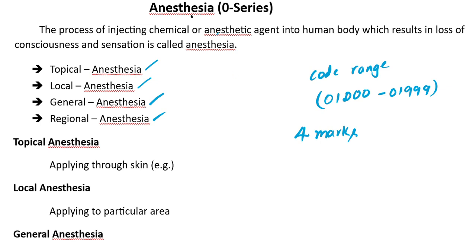And what is local anesthesia? Local anesthesia is applying to a particular area. Local anesthesia refers to using a drug called an anesthetic to temporarily numb a small area of your body. Your doctor might use a local anesthetic before doing a minor procedure such as a skin biopsy.